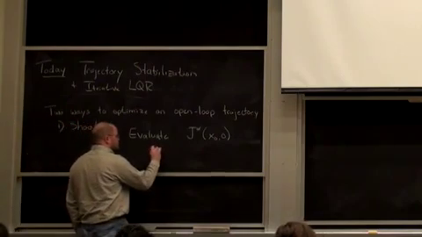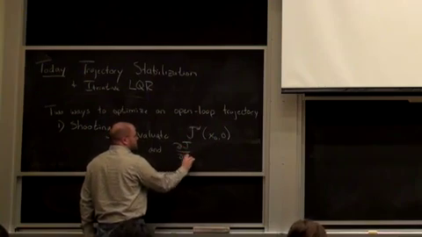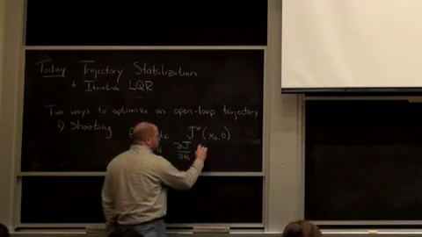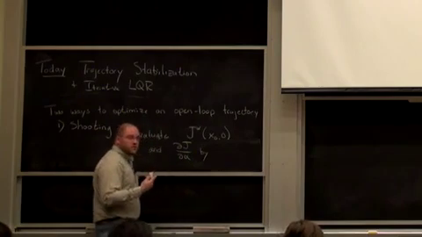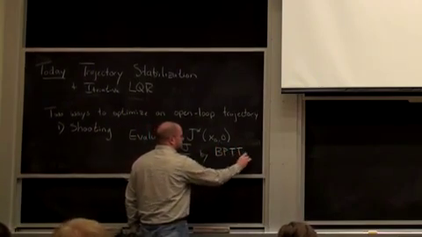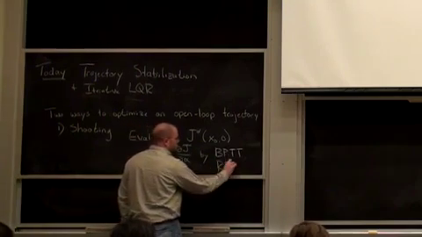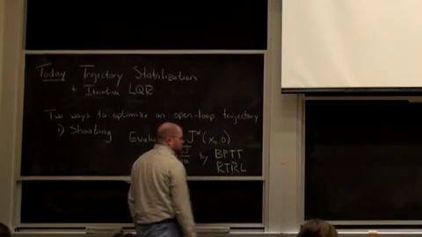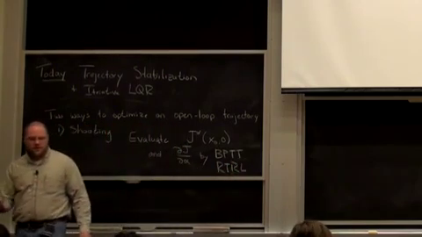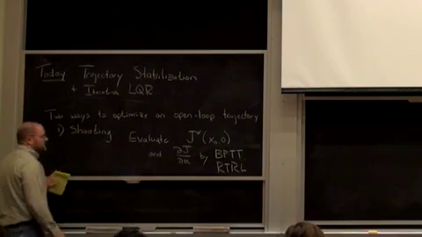And we explicitly evaluated the gradients by, well, I gave you two algorithms for it. I gave you one that I called backprop through time, which was an adjoint method, and another one that I called RTRL, real-time recurrent learning, which are the names from the neural network community, but perfectly good names for those methods.